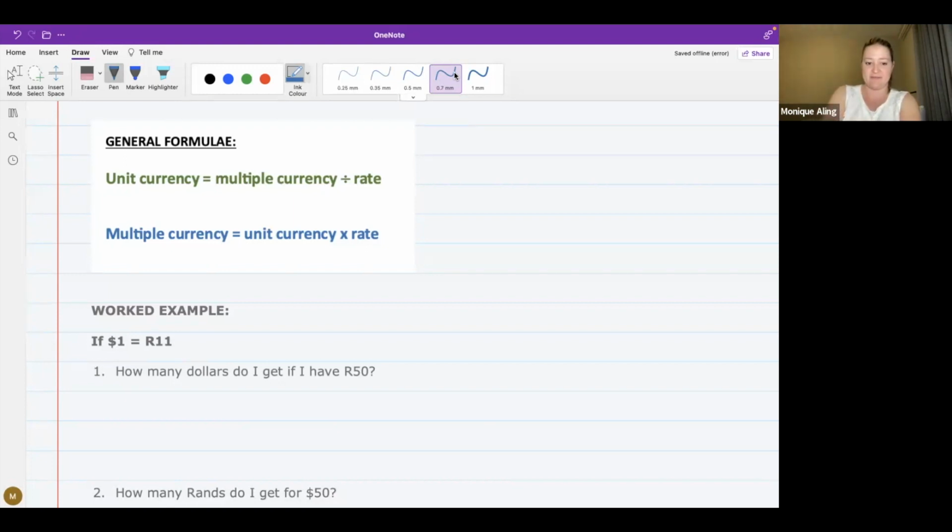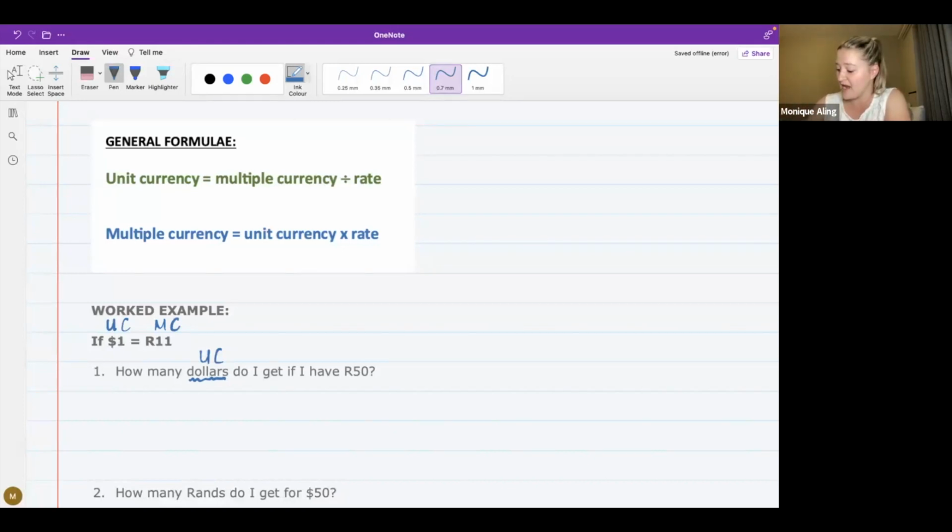So firstly, we can see that, I'm just going to abbreviate it, the dollar is our unit currency and our rands is our multiple currency because it's more than one. What are they asking for in the question? We need to work out how many dollars.